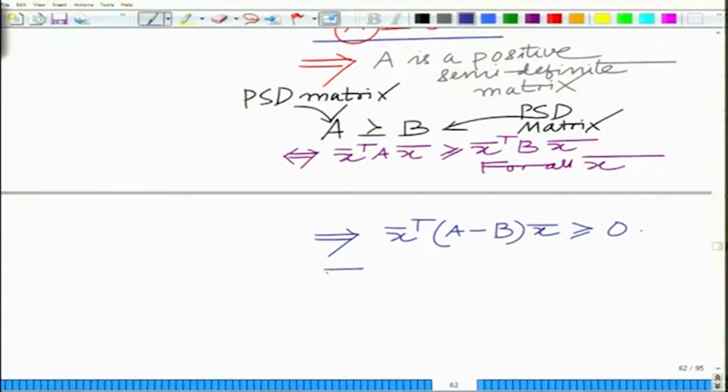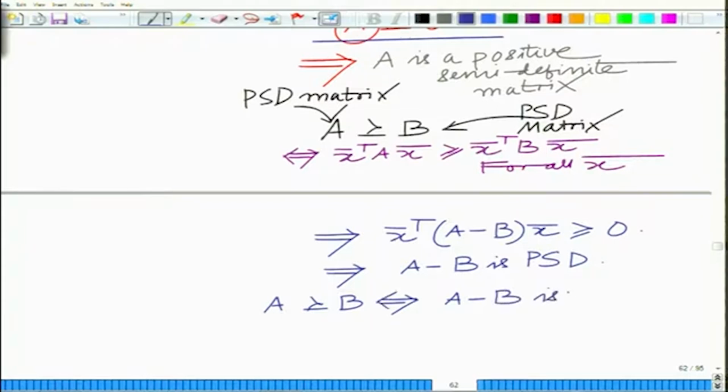So, this implies that A minus B is positive semi definite. So, A greater than or equal to B is implied by A minus B being positive semi definite.